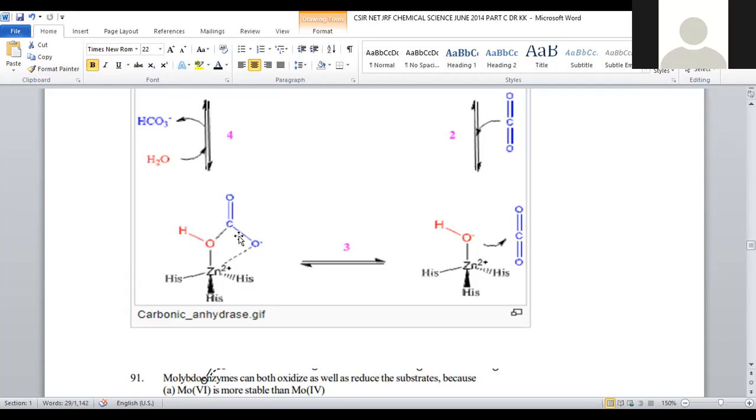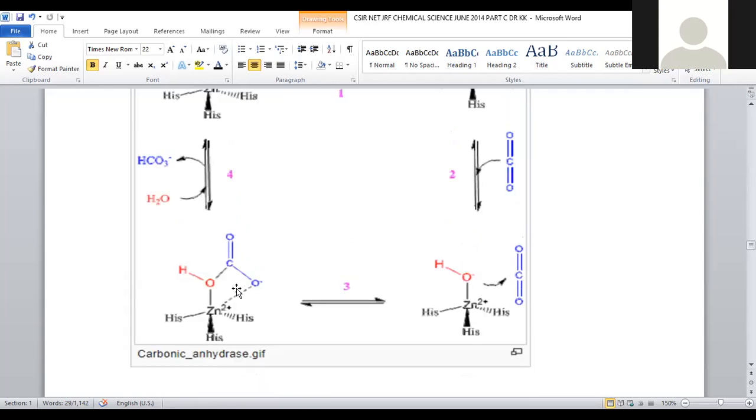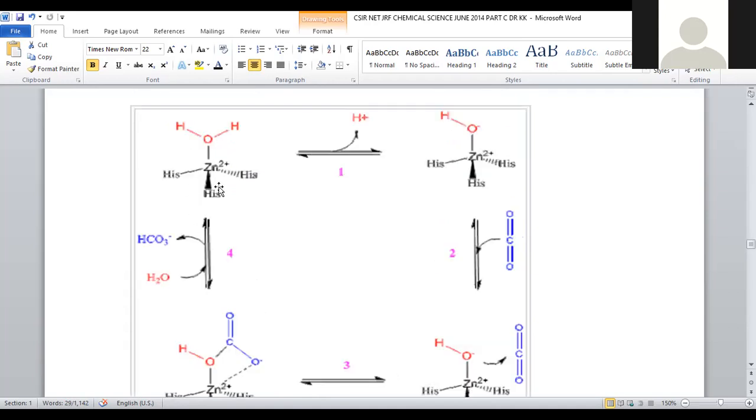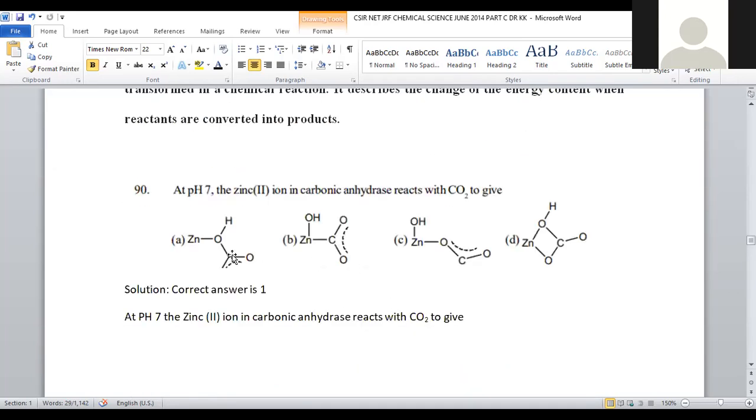Carbon-oxygen linkage is possible, and the negative charge present on the oxygen will bind to zinc in order to attain electrical neutrality. So there is a bond formation denoted with a dotted line because it is not a complete bond. Finally, that will participate in the removal of bicarbonate and retention of the carbonic anhydrase enzyme is possible, right? So in this reaction, oxygen is directly linked with the carbon atom.